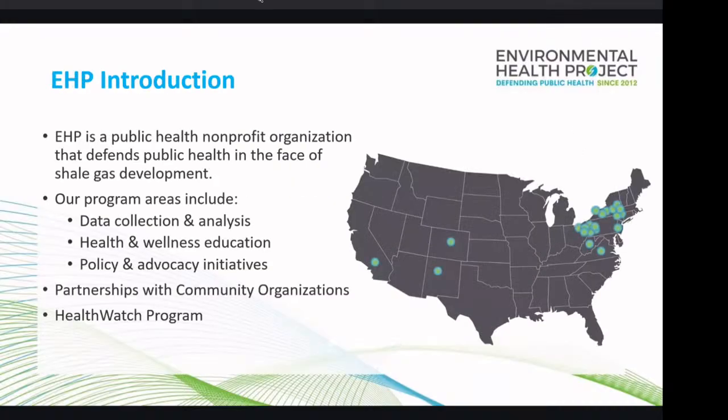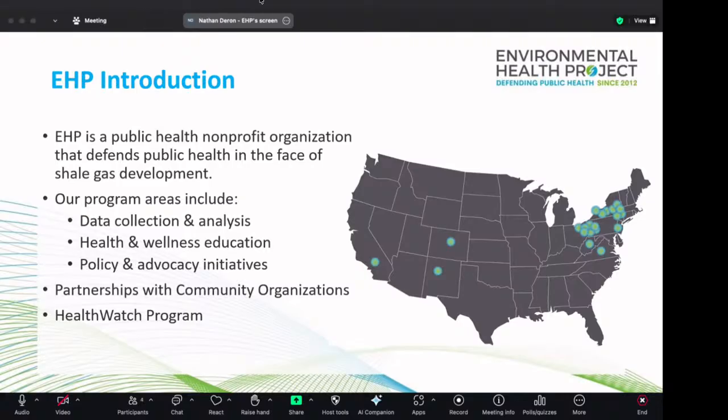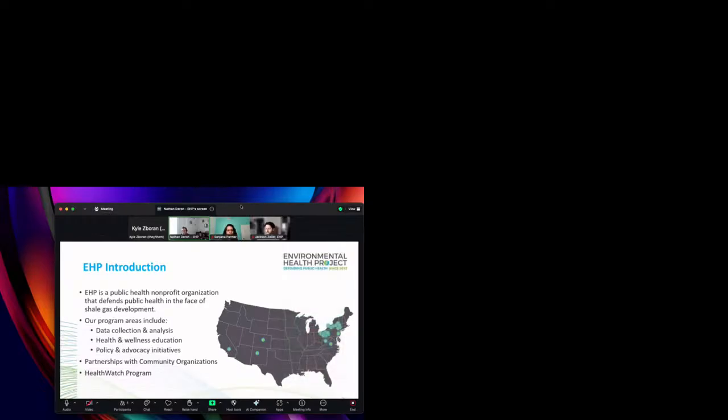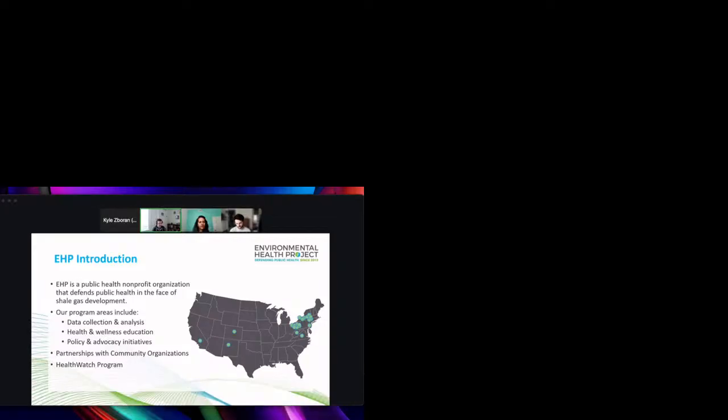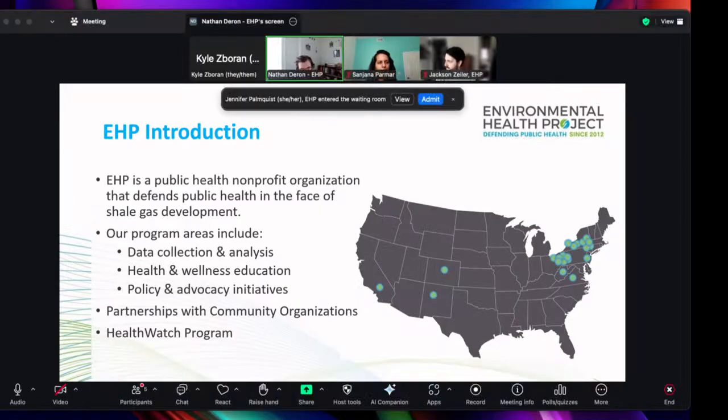So to get us started, I want to give anyone that isn't familiar with the Environmental Health Project just a brief background about our organization. EHP was founded in 2012 as a public health nonprofit organization, and we defend public health in the face of shale gas development.